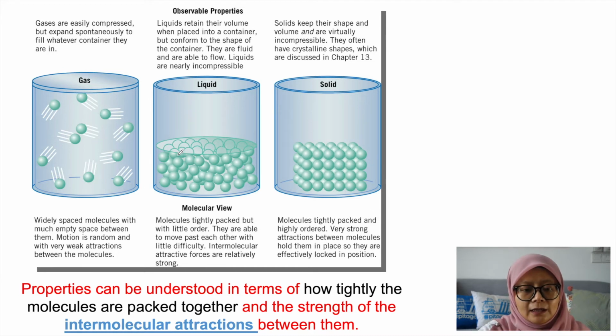The molecules here are tightly packed, while for the solid, we have a uniform order of the molecules, and they have very strong attraction between molecules. So these properties can be understood in terms of how tightly the molecules are packed together and the strength of the intermolecular attractions between them.